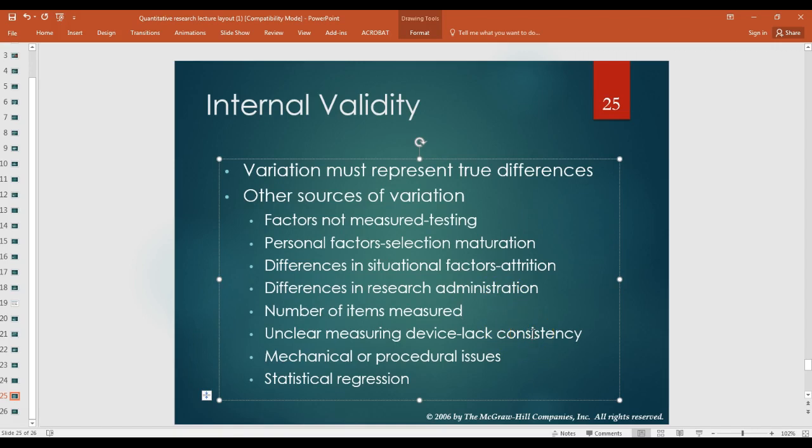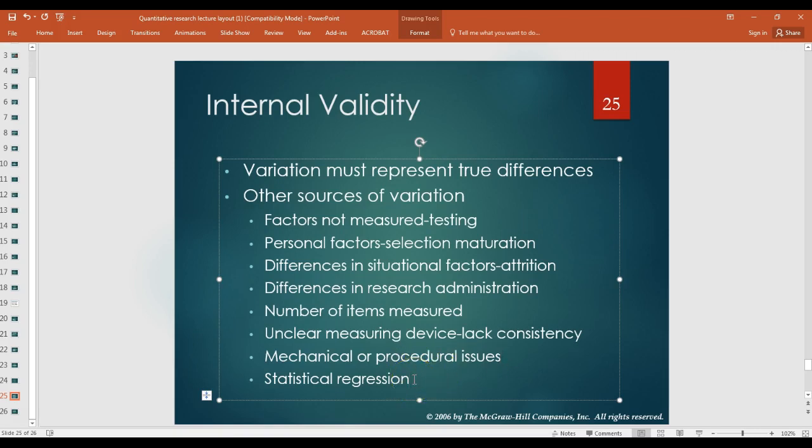Lack of consistency between treatments or data collection tools. Something happened in the procedure of collecting data that influenced results.